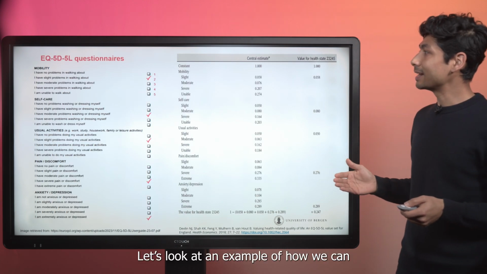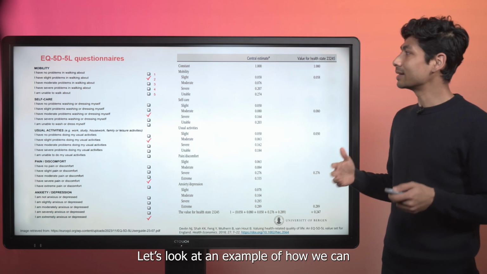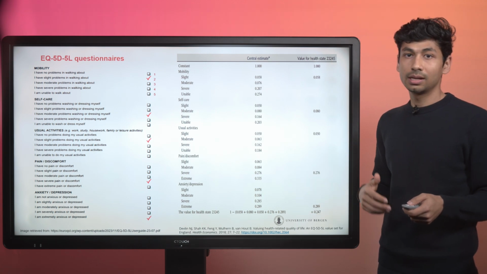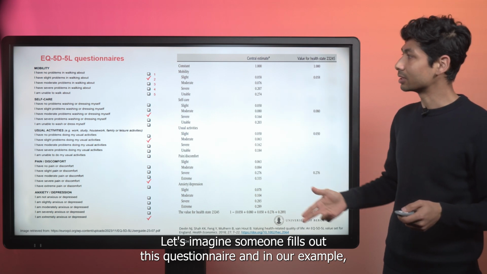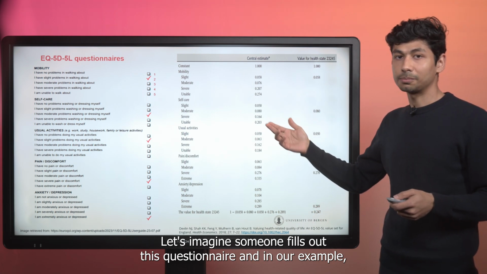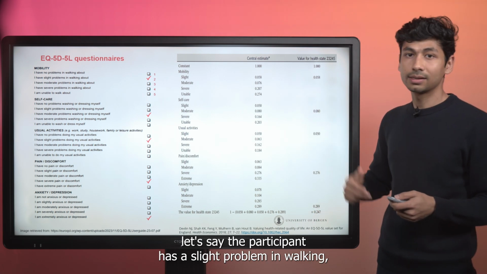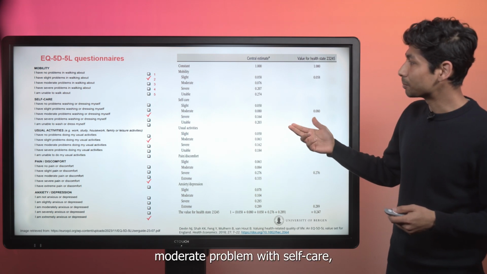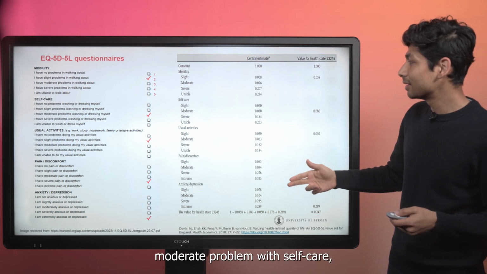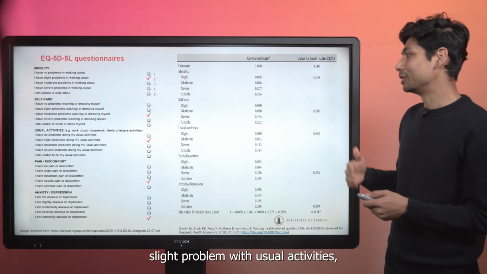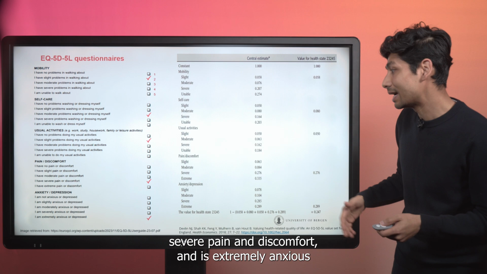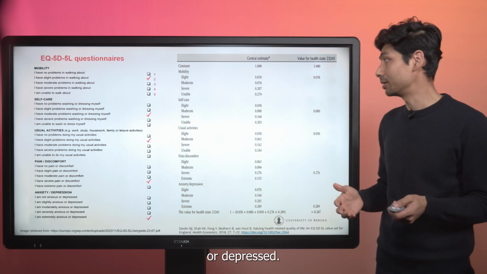Let's look at an example of how we can derive health state and utility value using this questionnaire. Let's imagine someone fills out this questionnaire, and in our example, let's say the participant has slight problem in walking, moderate problem with self-care, slight problem with usual activities, severe pain and discomfort, and is extremely anxious or depressed.